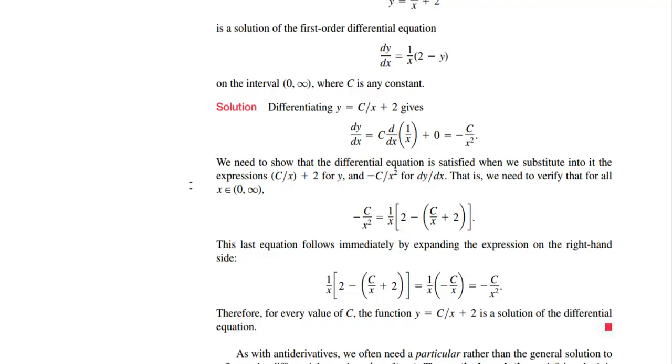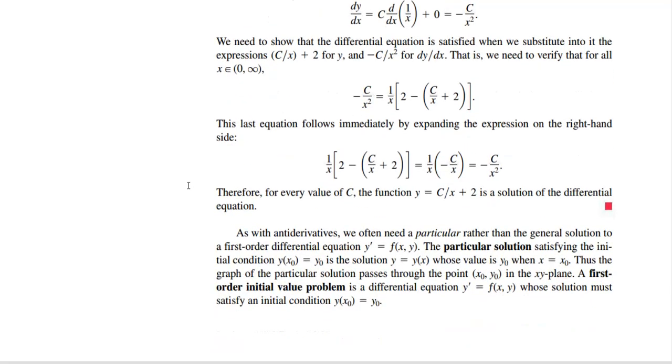This follows if we expand the expression on the right-hand side: we have x² on the bottom, and I have 2 minus 2 inside my bracket, which goes away. So I'm left with -c/x², which is what we were looking for. So for every value of c, the function y = c/x + 2 is a solution of the differential equation.